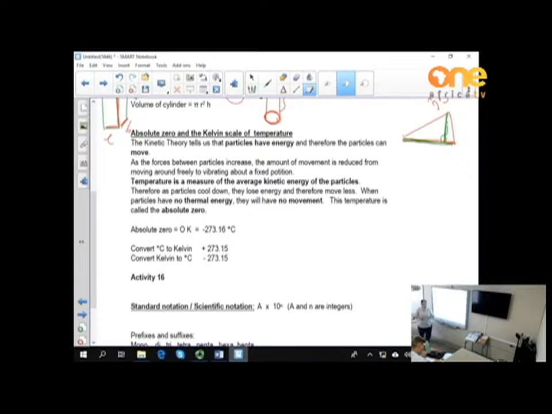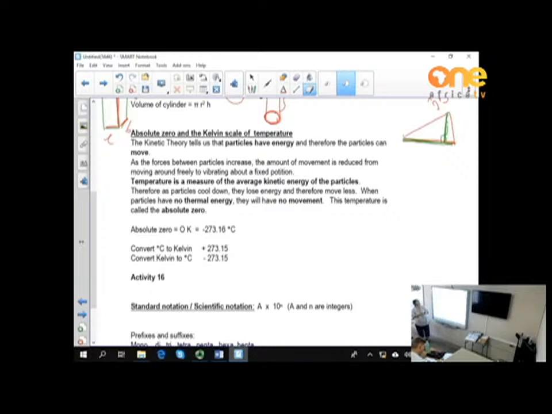Now, the kinetic temperature scale has to do with the energy of particles. The theory behind it says, if I have matter and I start cooling it down, the movement of the particles will become less and less because the energy becomes less. If you have no energy, you can't move.